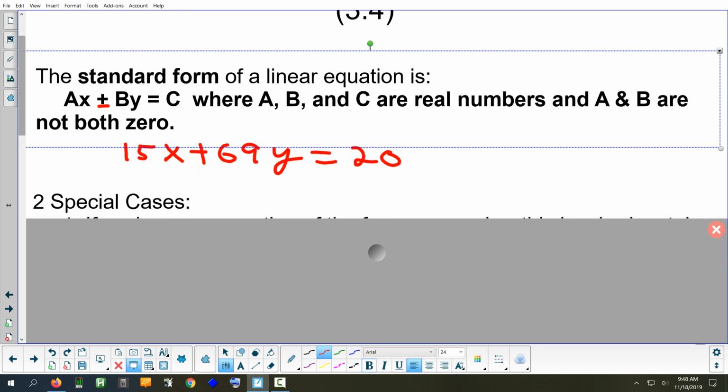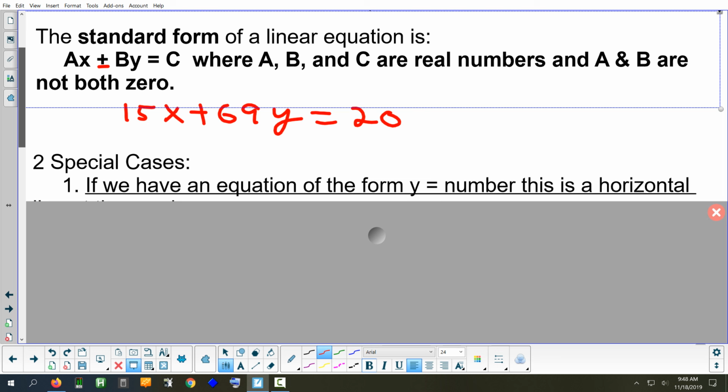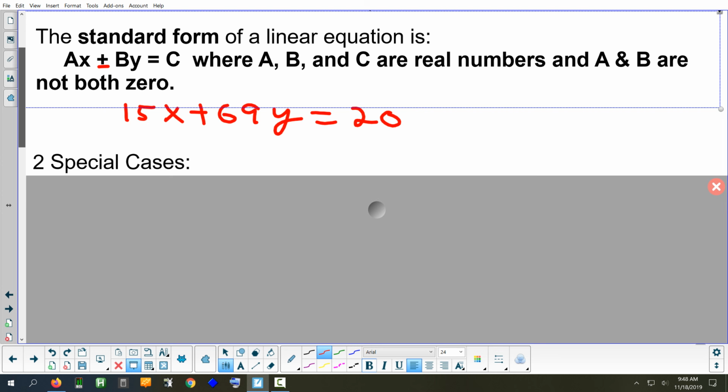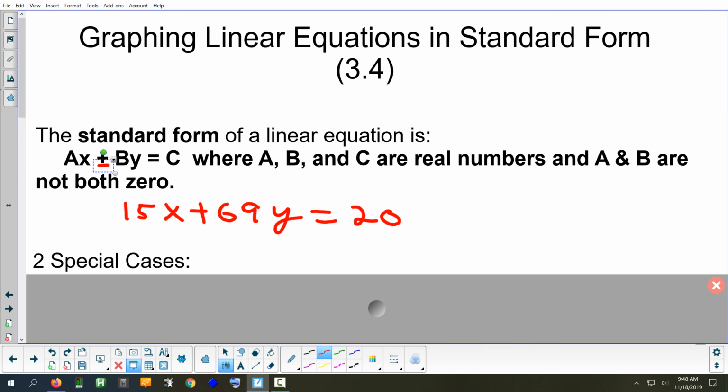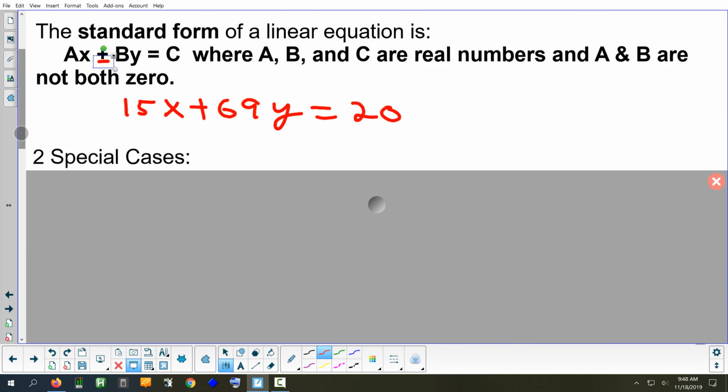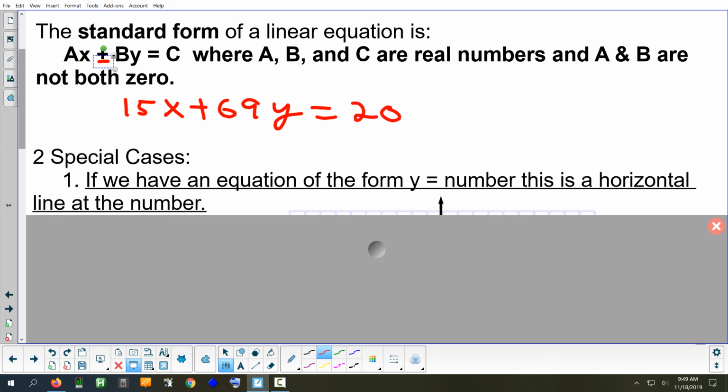All right. Now, there are two special cases. Okay? And the two special cases have to do with if one of those is a 0. Nobody gave me a 0. We got 15 for a, we got 69 for b. Neither one of them was 0. But let's look at special case number 1.